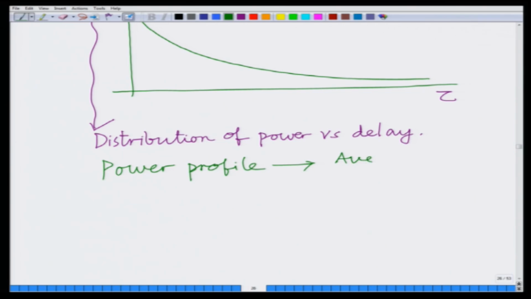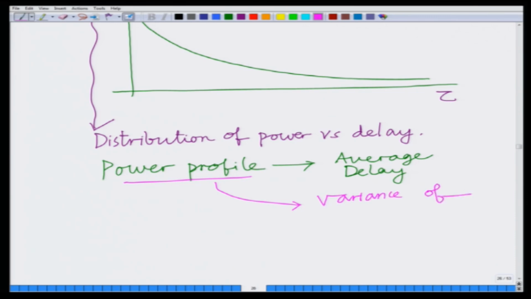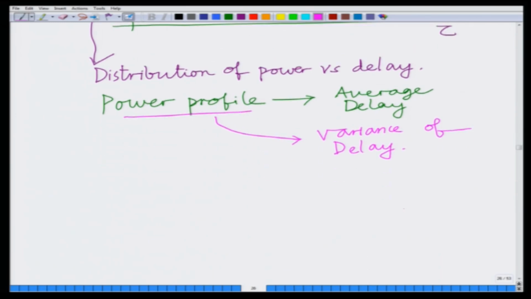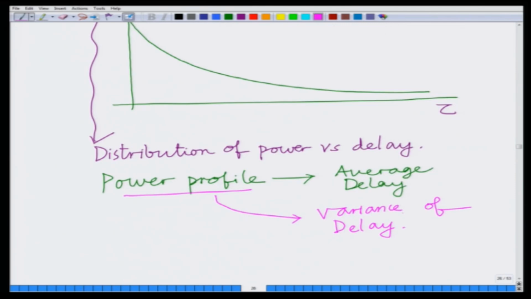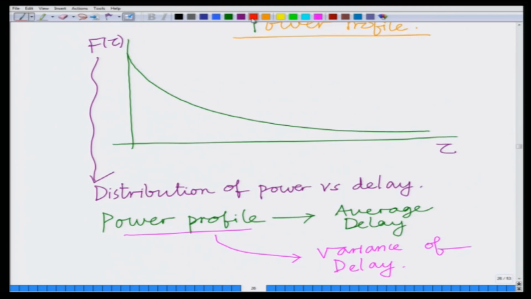For instance, let us look at a typical power profile. The typical power profile is given over here. You can see the typical power profile. The typical power profile is exponential in nature.